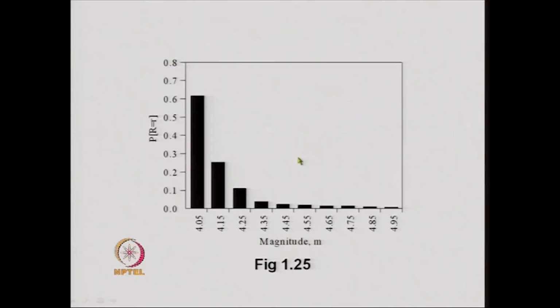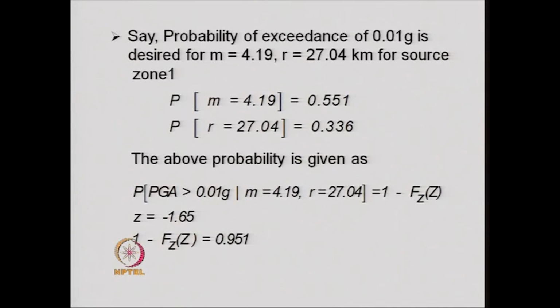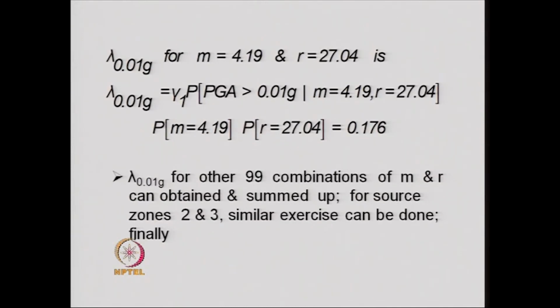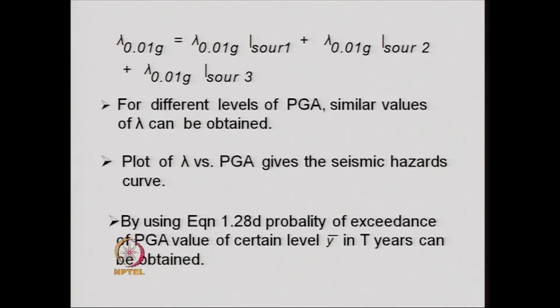So using this temporal relationship of the occurrence of earthquakes, one can calculate the probability of exceedance of a certain level of, say, peak ground acceleration in t years of time for a region.